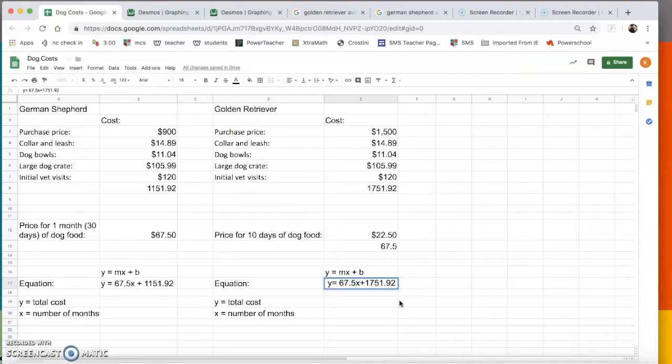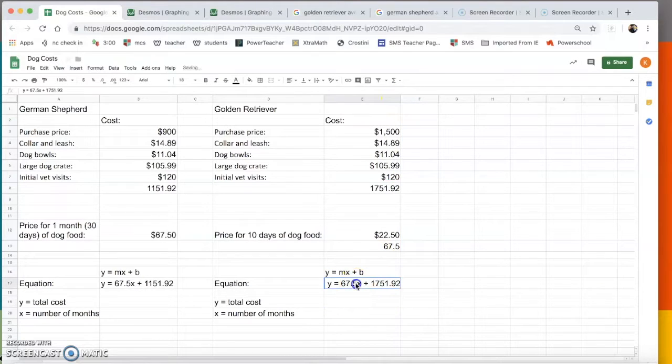And remember, these dogs are similar in how much they weigh, so that kind of makes sense that they probably eat about the same amount of food, approximately. So we have our two equations, and we want to notice that the y-intercepts are different, but the slopes are the same.